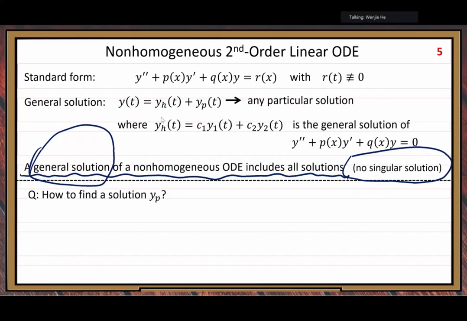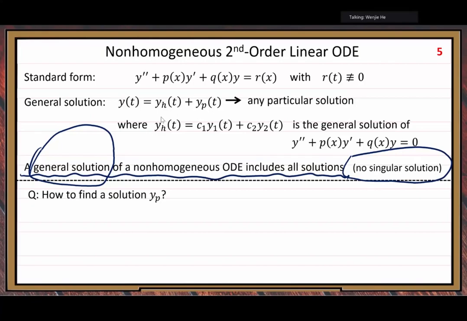By the logic, you can easily see, when we talk about a singular solution, it cannot be covered by the general solution. Otherwise, we do not call it singular solution, right? If a solution is covered by the general solution, then it's a normal solution. So the meaning of singular solution is very obvious. First, it is a solution.